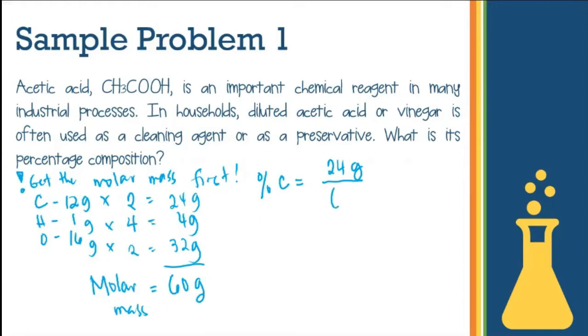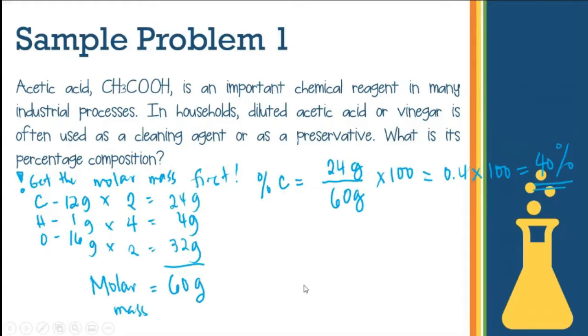That's 60 grams times 100. So, divide muna natin si 24 divided by 60. We get 0.4 times 100. So, we get 40%. So, this is the percentage of carbon.